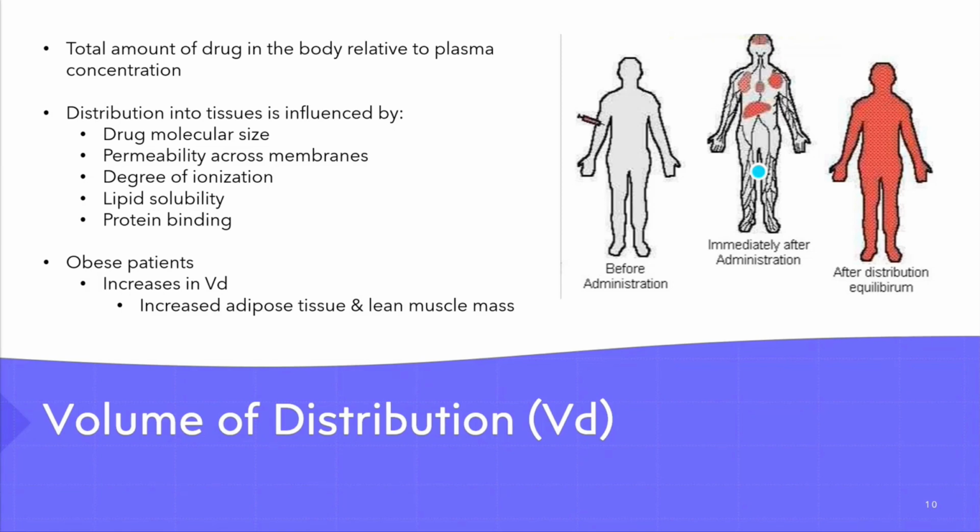But interestingly, there's also an increase in lean mass, and lean mass can account for as much as 20 to 40% of an individual's excess body weight, in addition to the increase in blood volume that comes along with that. So even because of that, hydrophilic antibiotics can also have an increase in volume of distribution.